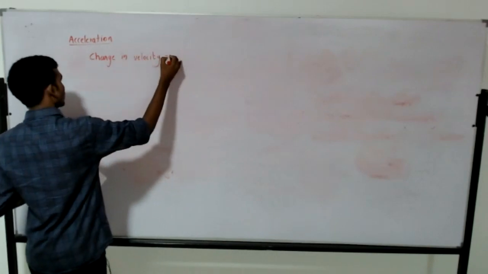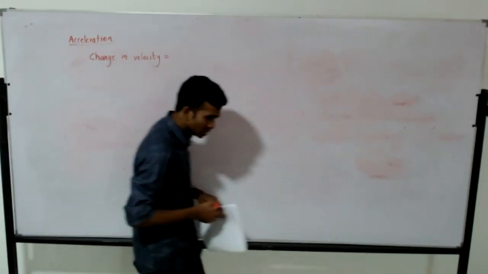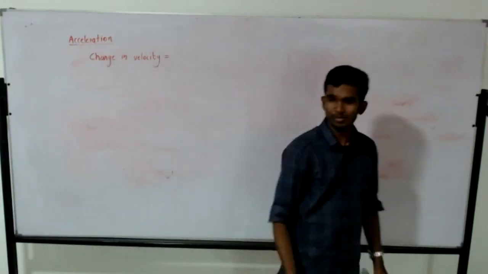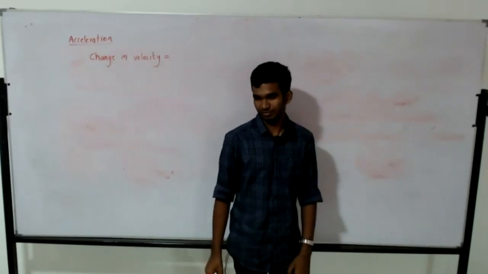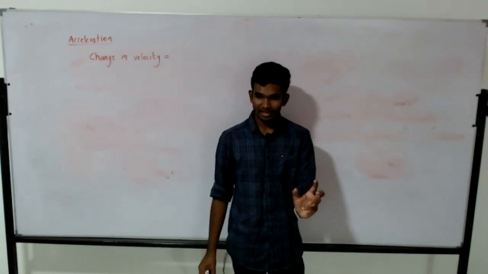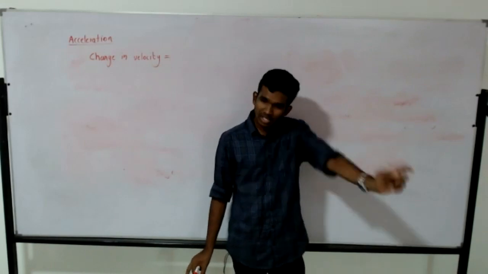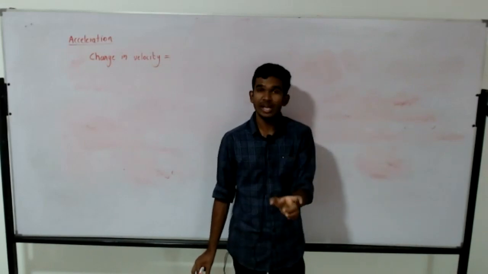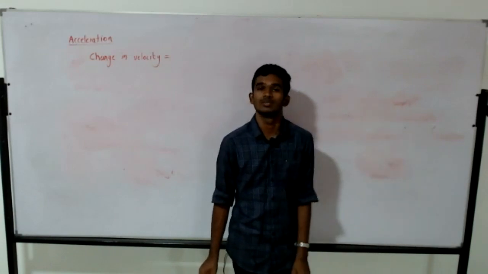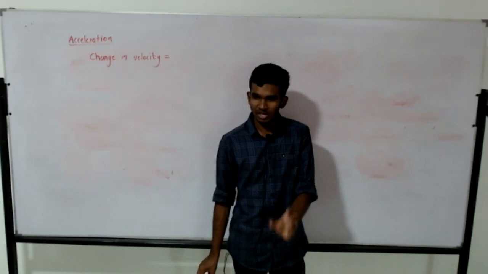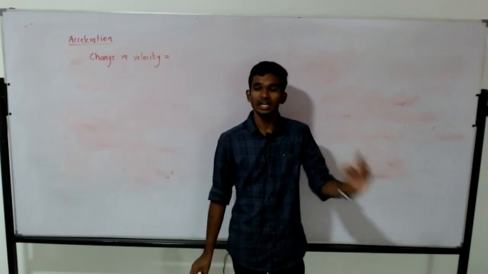What do you mean by change in velocity? Change in something is final of it minus initial of it. Change in mass is final mass minus initial mass. Change in acceleration is final acceleration minus initial acceleration. Change in displacement is final displacement minus initial displacement.